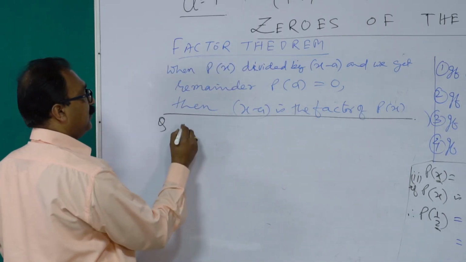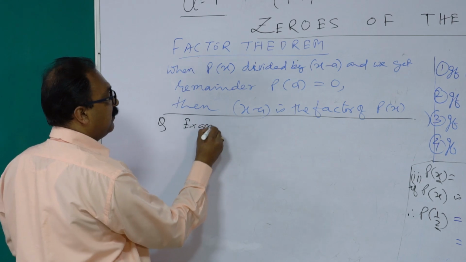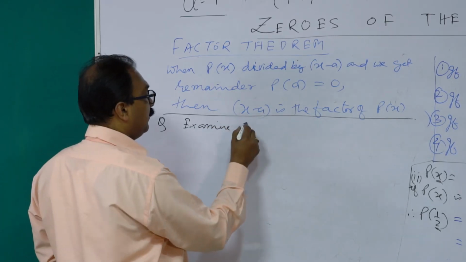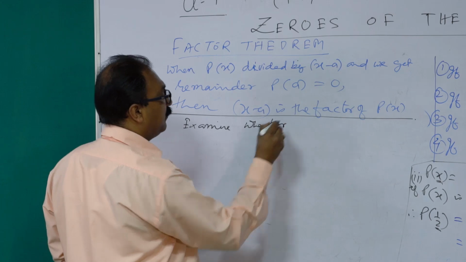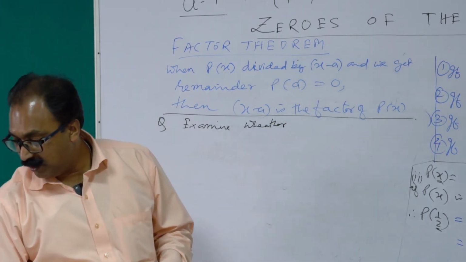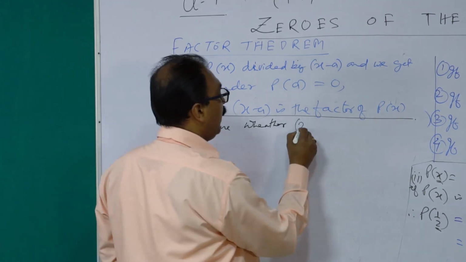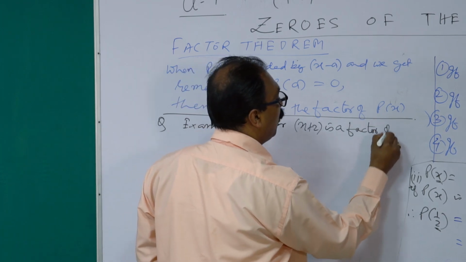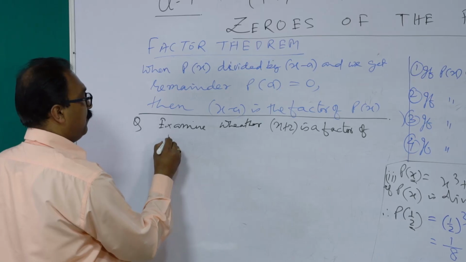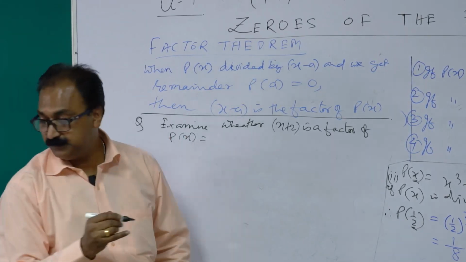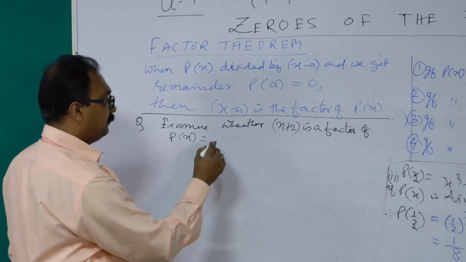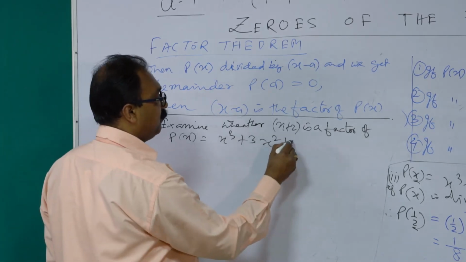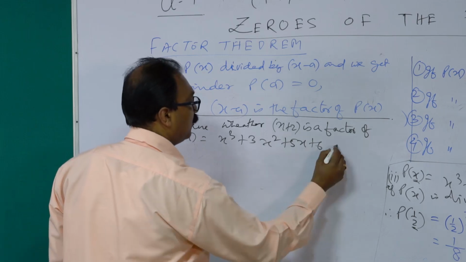Now the question: Examine whether x plus 2 is a factor of P of x equal to x cube plus 3x square plus 5x plus 6 or not.